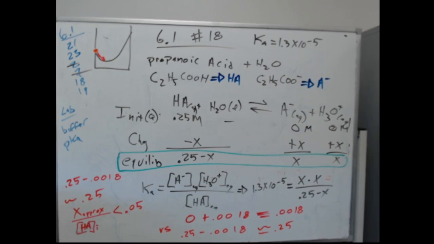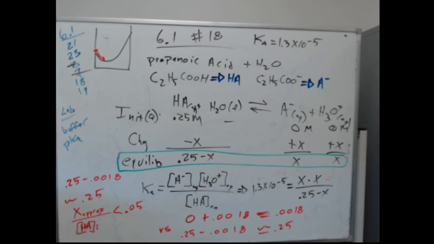Yes. So there's a couple places where we could get into trouble. If my initial concentration was really low, like in the micromolarity or the millimolarity range, that x can become really significant. The approximation is bad. Or if my Ka is really quite big, then my x could end up being really large, and the approximation would be bad.